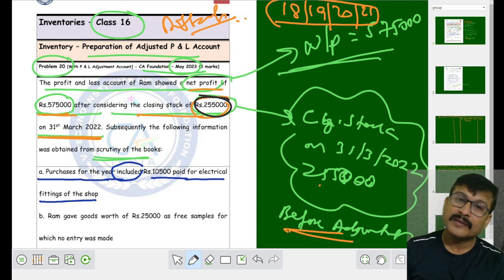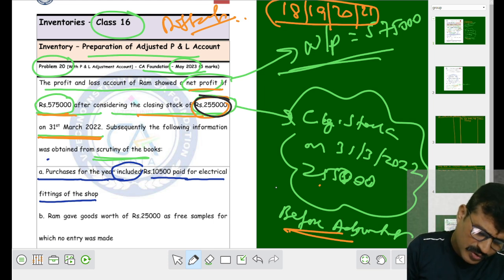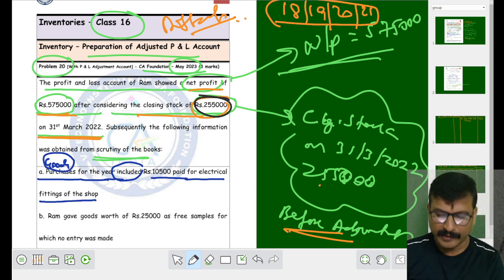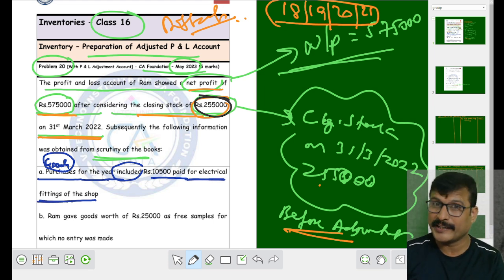What? Purchase means what? Generally purchase means goods, right? But here what did they purchase? They purchased the electrical fittings. So it is a wrong purchase.